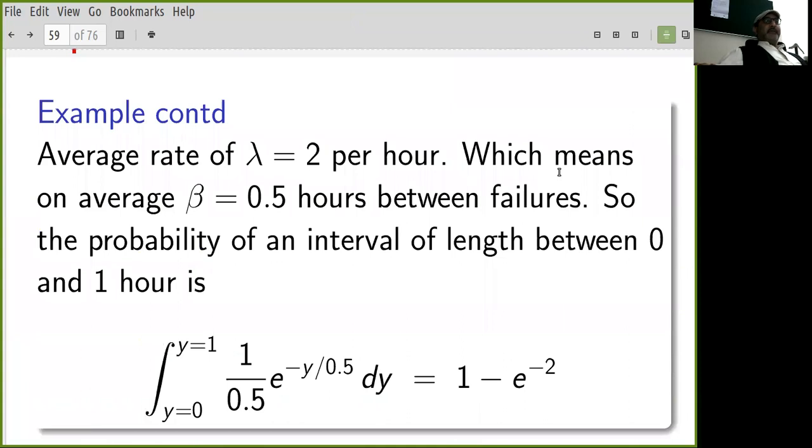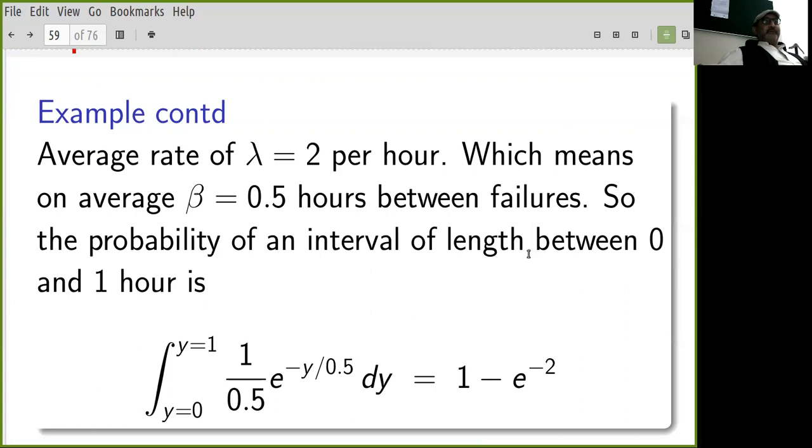Okay, so the average rate lambda is equal to 2 per hour. So your beta, which is equal to 1 over lambda, is 1 over 2, is equal to 0.5 hours between power failures.